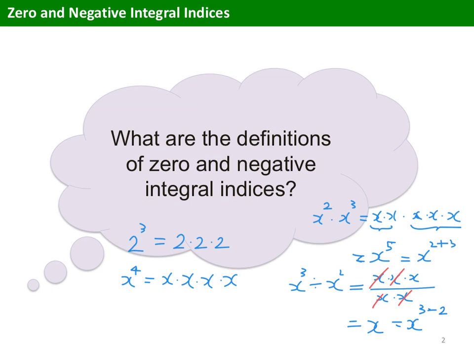So you have two results: x to power m times x to power n is equal to x to power m plus n. And the other one, x to power m divided by x to power n equals x to power m minus n.